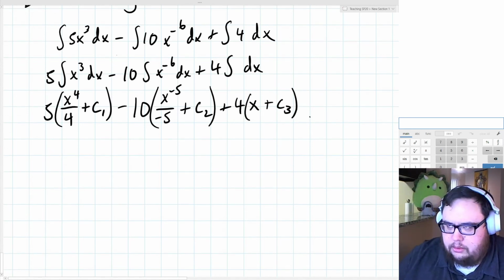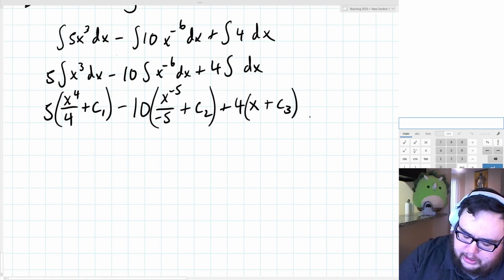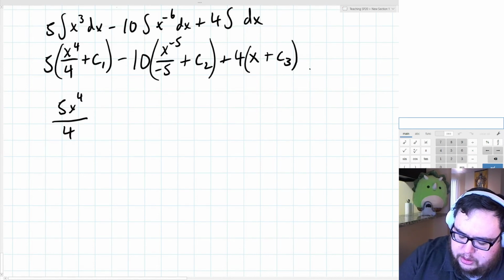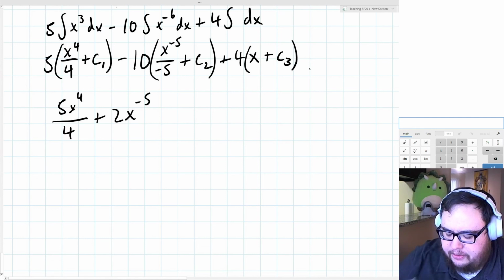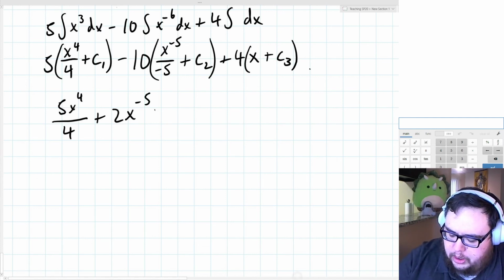And then we can distribute some stuff and make this look a little nicer. We get 5x to the 4th over 4 plus 2x to the negative 5. The negative 10 and the negative 5 cancel out to a positive 2, plus 4x.